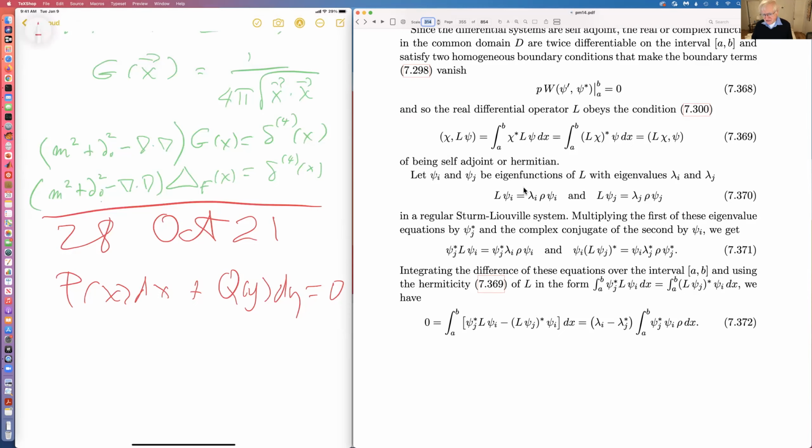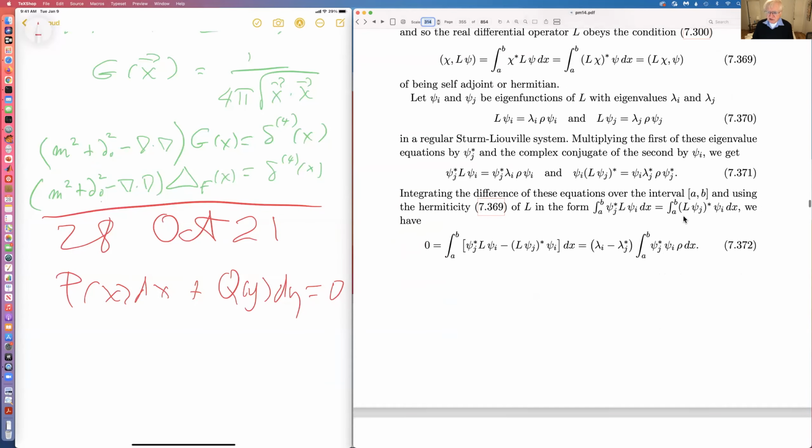And so we multiply this one by psi j star, we take the complex conjugate and multiply this one by psi i, we integrate the two of them and use the hermiticity in this form, that this is equal to that. Then what we get is that this minus that is 0.